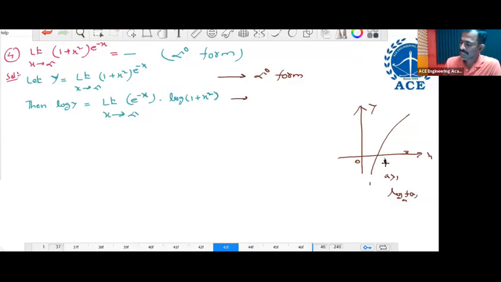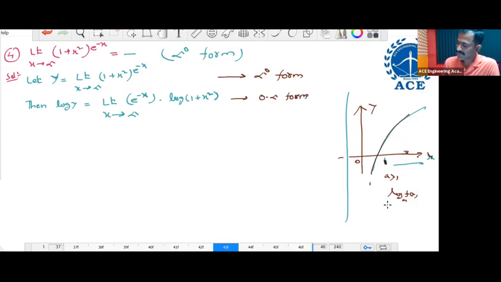As x increases, 1.1 and so on, the log function increases. That is why log infinity is infinity. So this is in the form of 0 into infinity.